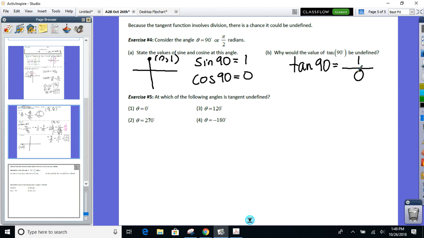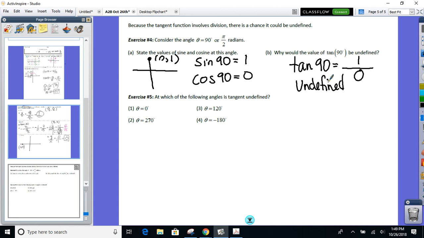Can't divide by 0, right? So if that's the case, you end up dividing by 0, there is no value for tangent of 90. It is what we call undefined. And your calculator will back you up with that. Because if you do tangent of 90 in your calculator, you're not going to get undefined, but you are going to get an error. So that tells you it's undefined because you cannot divide by 0.